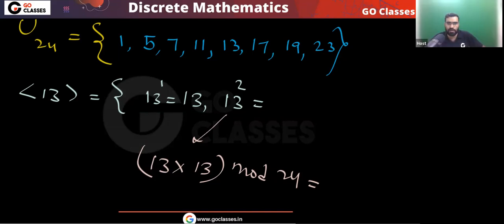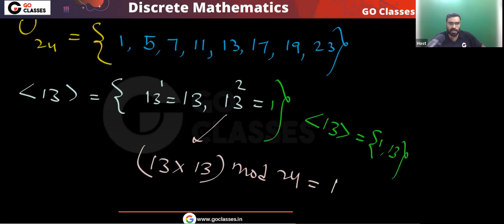This value is also 1. So the subgroup generated by 13 is also 1 comma 13. So 13 is also not a generator because 13 cannot generate all the elements.